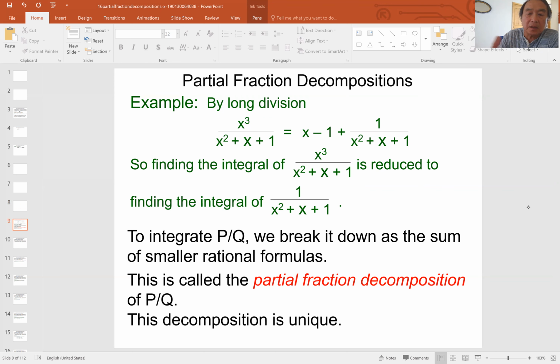In particular, this decomposition is useful for us to do integrations, and there are other very useful uses for this form. Of course, this decomposition is unique. What I mean by that is one fraction formula would arrive at one particular decomposition.